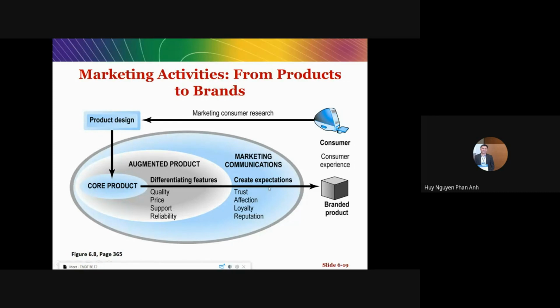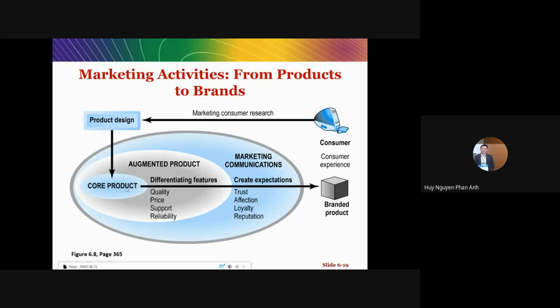You can see here, it's from the marketing consumer research. So they do know about the consumer needs based on the market research. And then they move to the production and product design over here to create the core product.